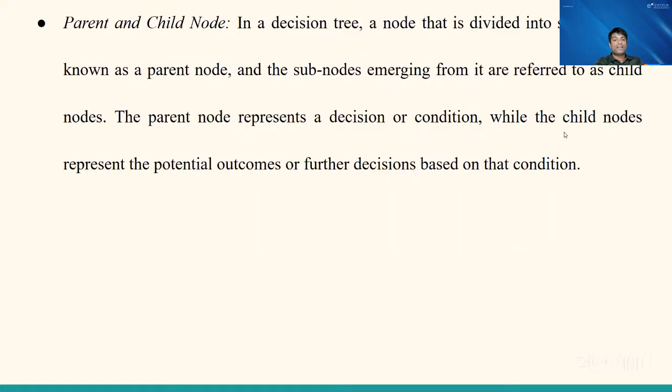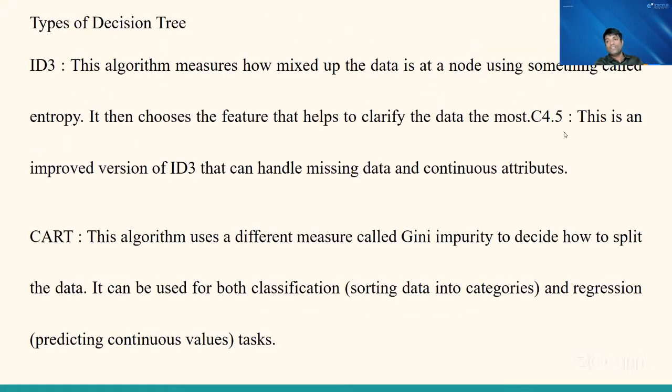Let us go back a little to understand the types of decision trees. The most important ones are ID3 and C4.5. We also have C5.0. ID3, C4.5 and C5.0 are used for classification tasks.